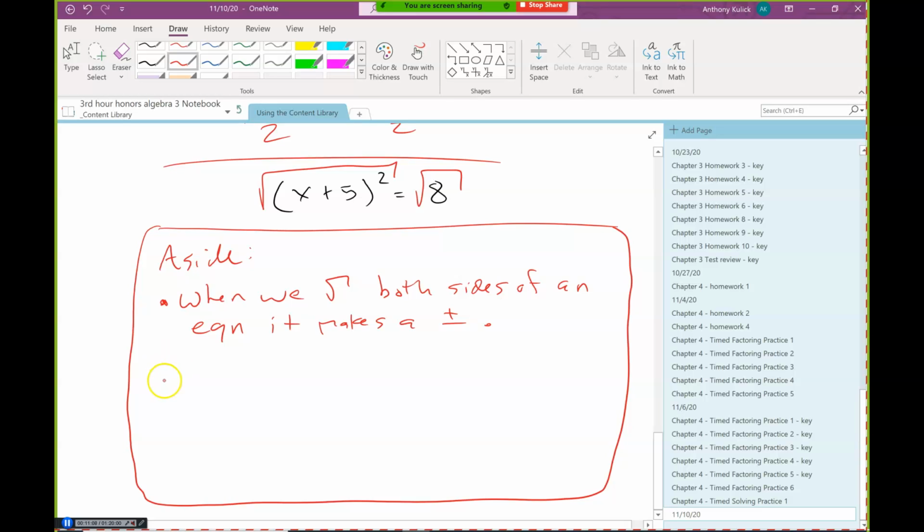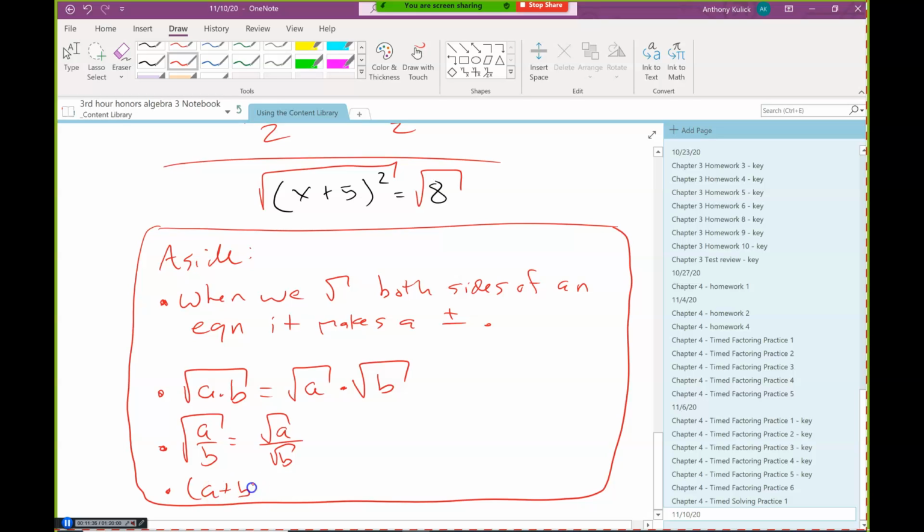If we have the square root of a product, that can become the product of the square roots. And similarly, the square root of a quotient can become the quotient of the square roots. But that's not true for addition and subtraction.